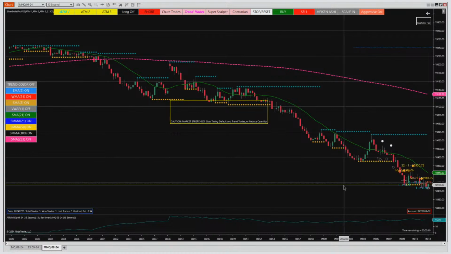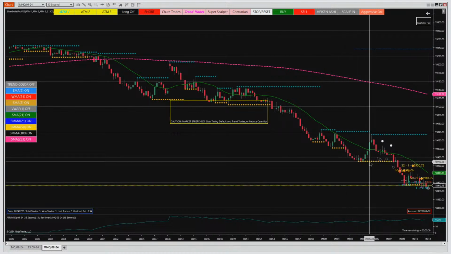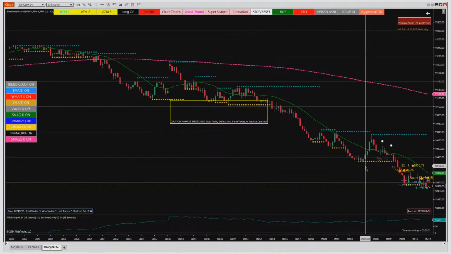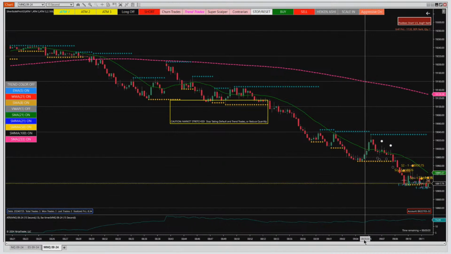As I had mentioned, once price crossed this level, I would have been comfortable taking the trade.